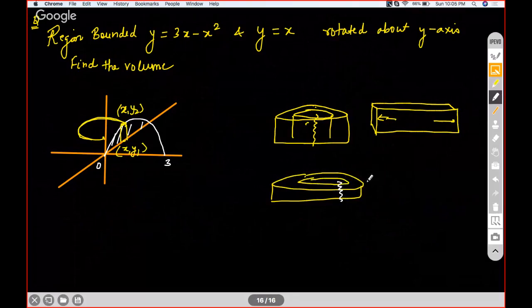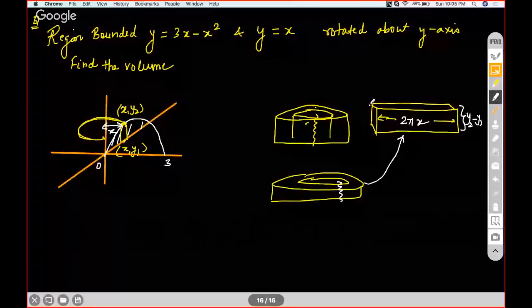Now, what would be the radius of this washer? The radius will be the x coordinate. So this entire length will be 2 pi x. What will be the height of this washer? It will be the difference of y2 and y1. What will be the thickness of this washer? dx.